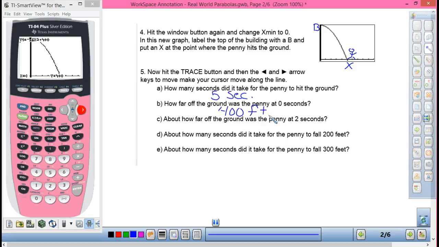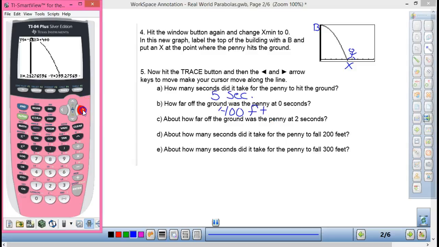Okay, so how far off the ground was the penny at 2 seconds? We have to find where x is 2. And it's about what? 330.